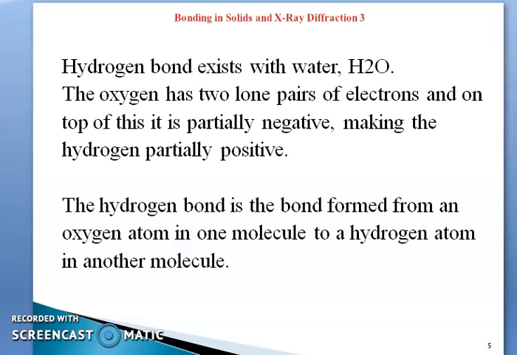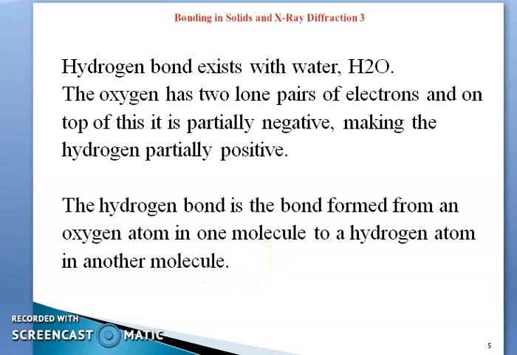The hydrogen bond exists with water, H2O. The oxygen has two lone pairs of electrons, and on top of this it is partially negative, making the hydrogen partially positive. Hydrogen bond is the bond formed from an oxygen atom in one molecule to a hydrogen atom in another molecule.